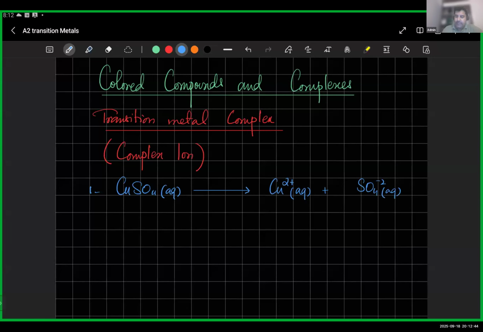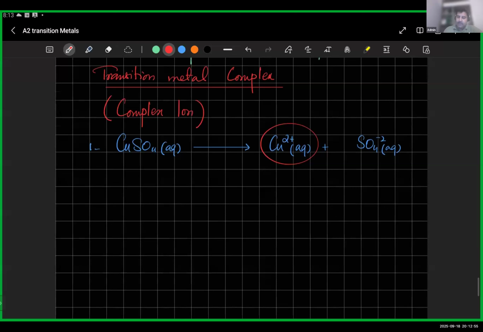So you get dissociated ions. Now, this Cu2+ aqueous is in fact a complex ion. It's a copper 2+ ion that's floating in water. It gets surrounded by water from all sides, and it's completely floating in water.